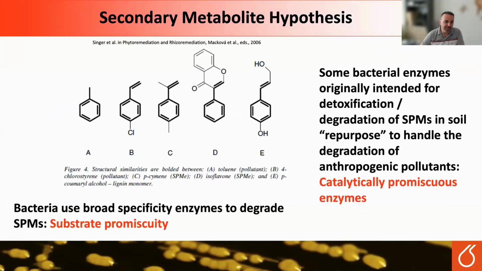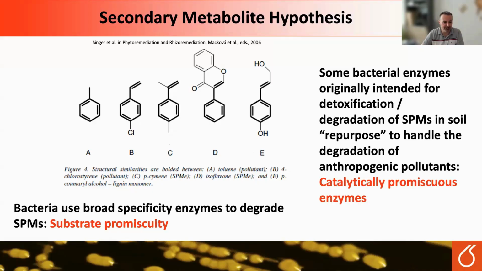In our lab, we have been working for quite a long time under what we call the secondary metabolite hypothesis. This hypothesis is based on the fact that some of the secondary plant metabolites, which you can see here as the structures labeled C, D, and E, are very similar to anthropogenic pollutants, such as the ones labeled A and B. There are basically two options that would explain this hypothesis.